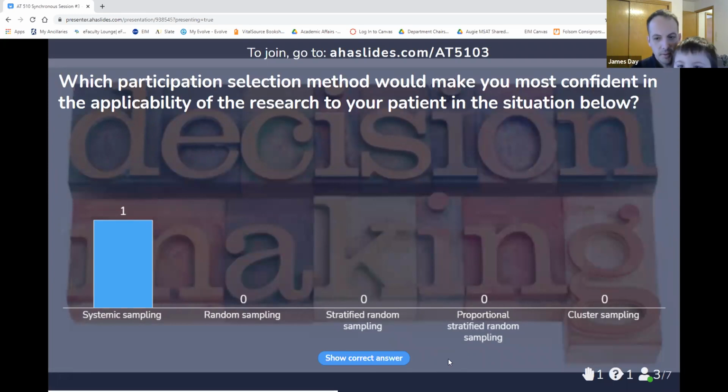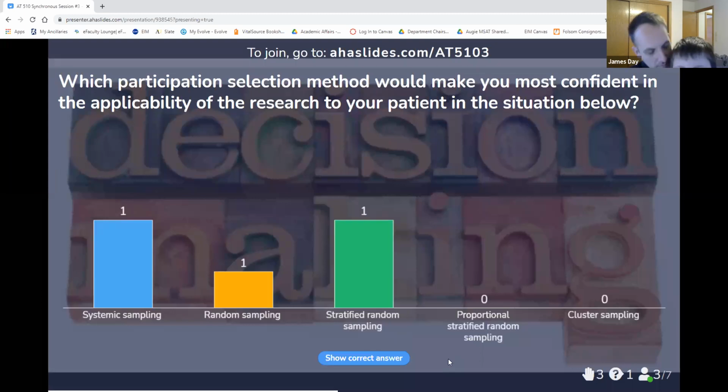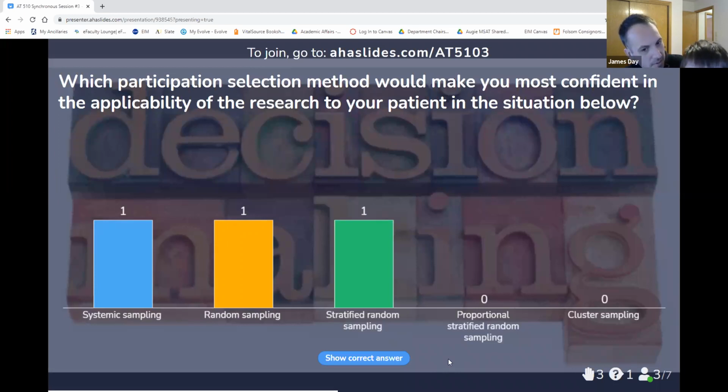Can you tell them to answer? What answer do you think? Do you like answer 1, 2, 3, 4, or 5? I know people are voting. Which one do you think, David? 1, 2, 3, 4, 5. You like 4?